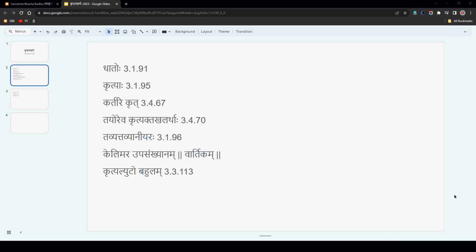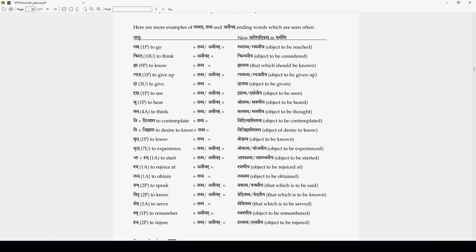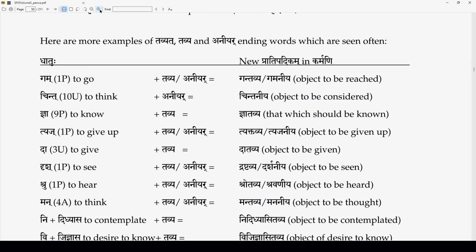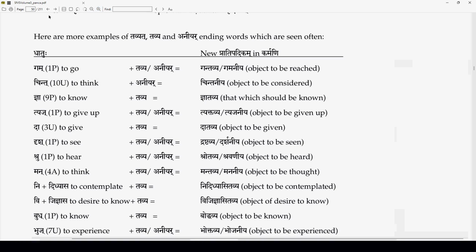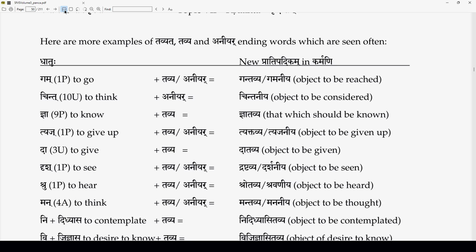Some examples are given here. Gam: gantavya, gamaniya.